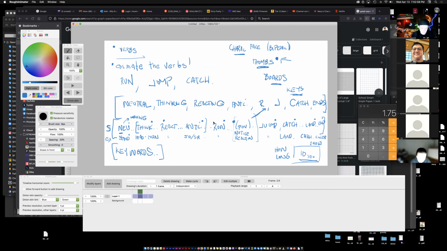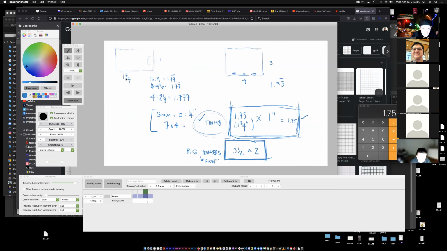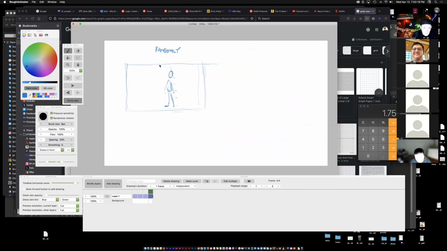And what are you going to do about this ratio? So in other words, if I had this as a little thumbnail here, I'm going to say, oh, I want my character to be completely in the shot here, and they're going to be walking. I'm like, okay, so that's what we do. We're going to have our character just random.